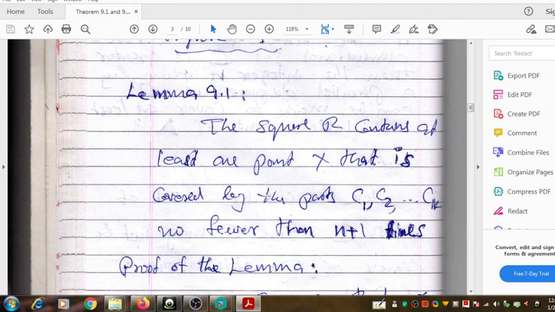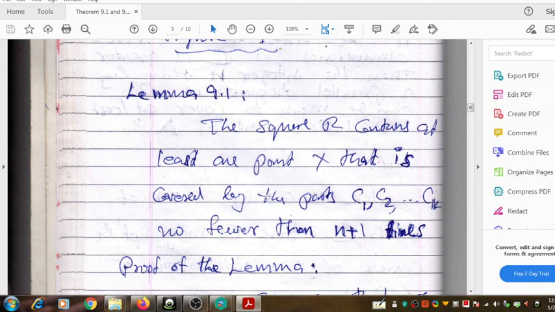That means we assume that all points of R are covered by the subsets C1, C2 to Ck at most n times. That is the complementary portion, the remaining part of the statement of the theorem.